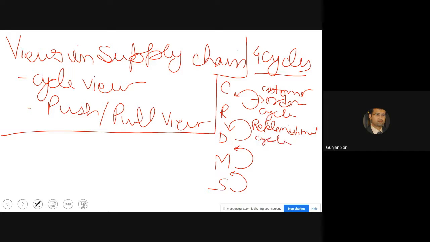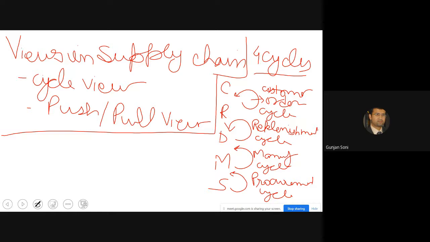Between manufacturer and distributor we have the manufacturing cycle. And between manufacturer and supplier, we have the procurement cycle. So these are four different types of cycles, and each of these cycles has different activities.